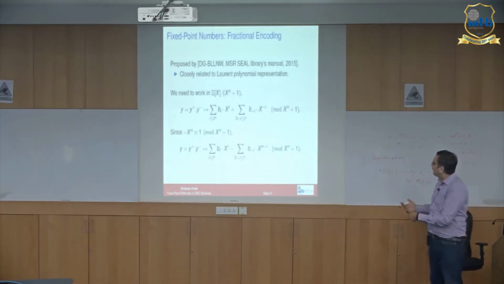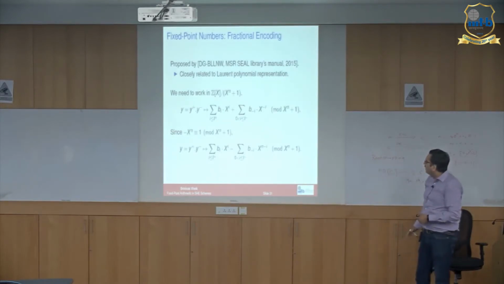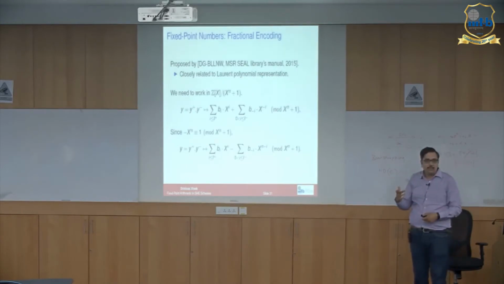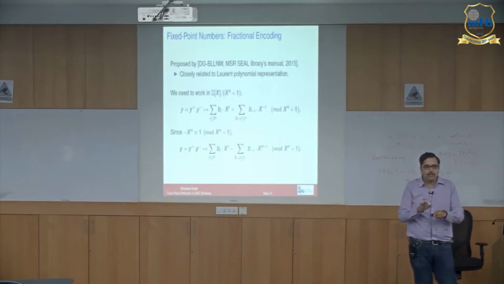You can always represent this by a polynomial which has negative powers also. The moment you plug in x equal to b, or x equal to 3 in our case, you get back the value. But using the modular property, what modulo x power n plus 1 means is that whenever you get x power n plus 1, it is equal to 0, meaning x power n is minus 1.